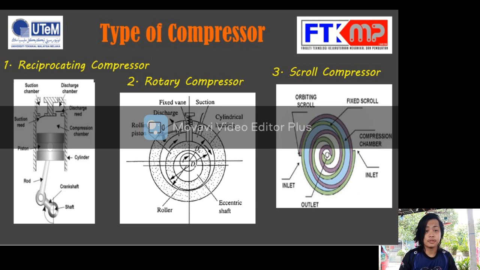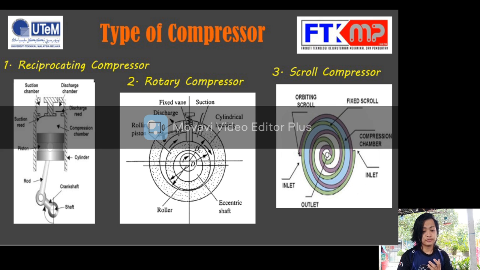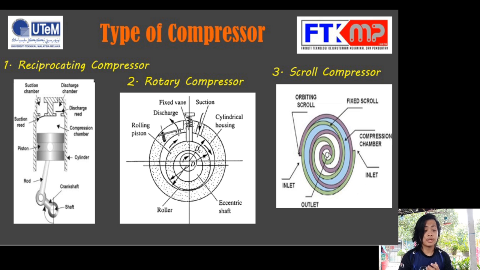For the rotary compressor, the advantages are, first, it can deliver liquid to high pressure. Second, less vibration. Third, low leakage level. Disadvantages are, firstly, it is more expensive than a centrifugal pump.